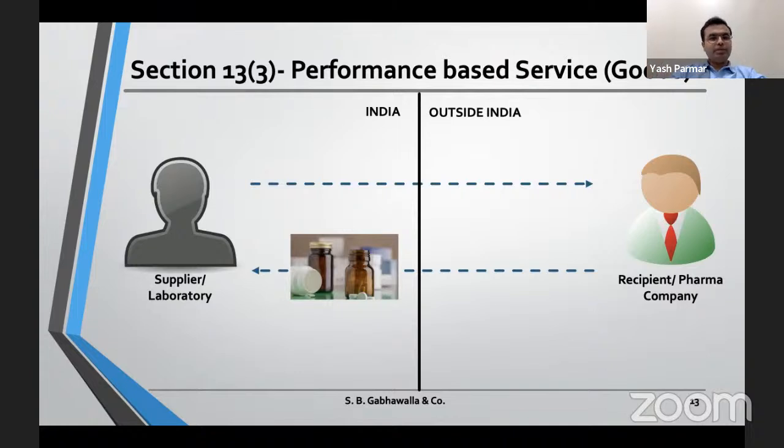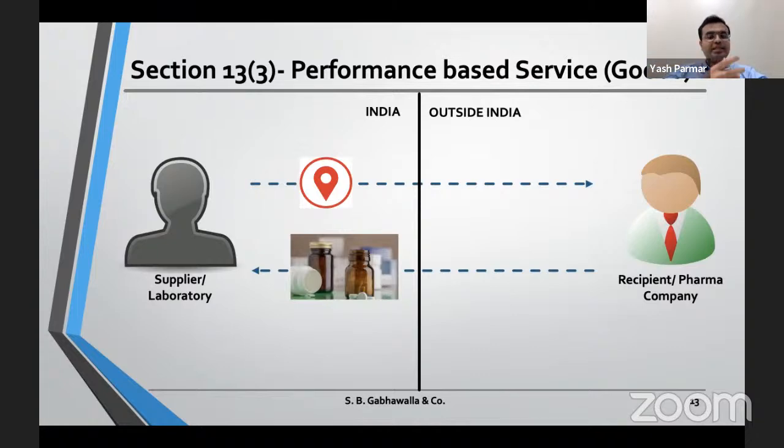Now, in this kind of scenario, as we can see, the supplier is located in India, and the recipient of service is located outside India. But because the goods on which the testing is to be done are actually brought into India and then the testing is done in India, the place of supply for this kind of activity is defined to be the location of the supplier, or the location where the activity is actually performed.